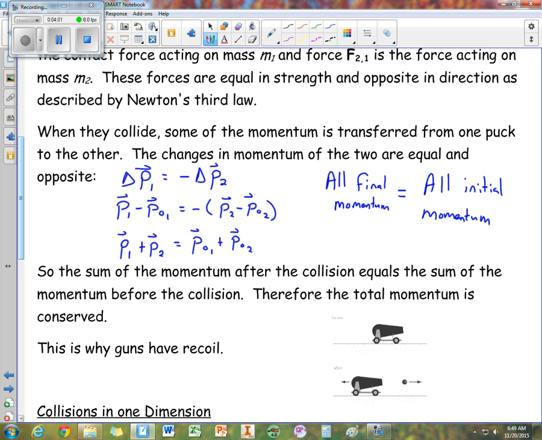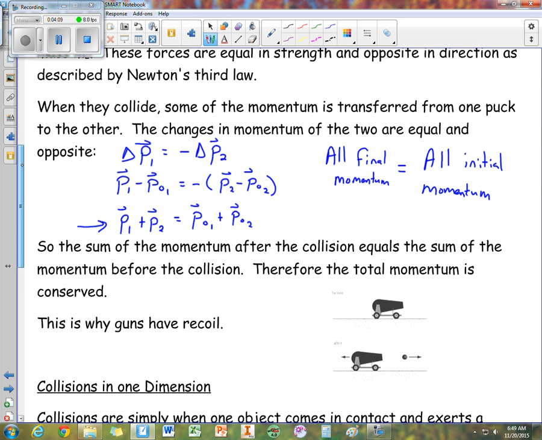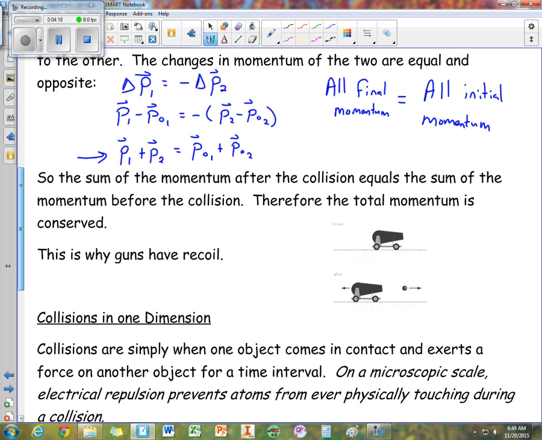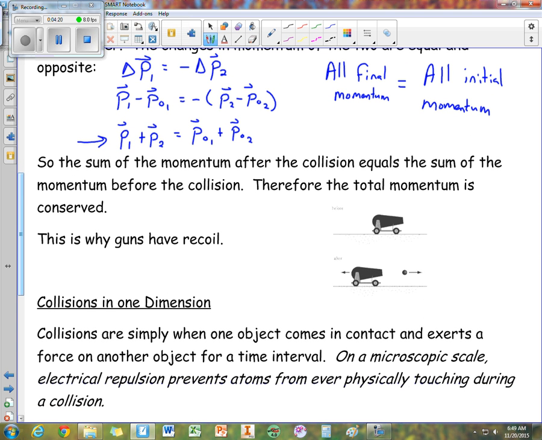Instead of looking at the changes in momentum, sometimes it's a lot easier to look at the initial versus the final momentum of the entire system. So what we can say then is the sum momentum after the collision equals the sum momentum before, momentum being conserved. And this also helps us explain why guns have recoil.